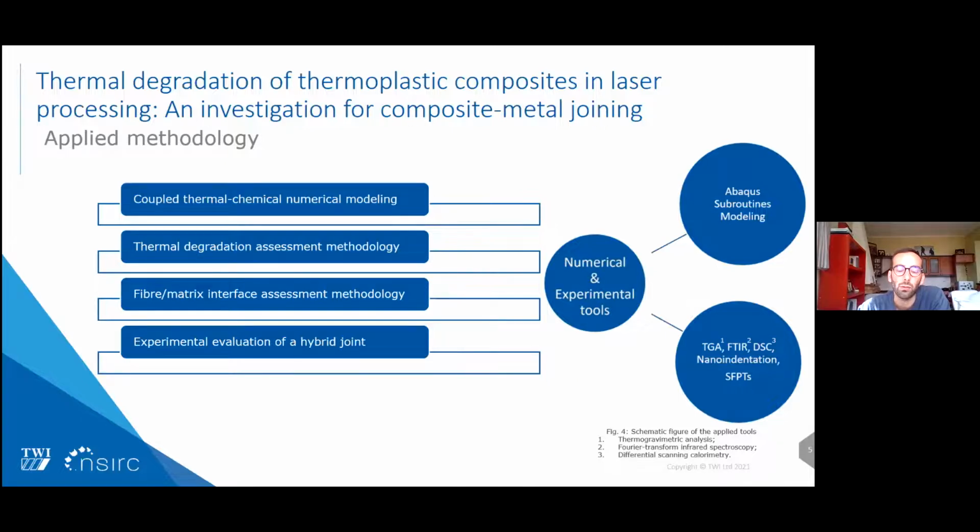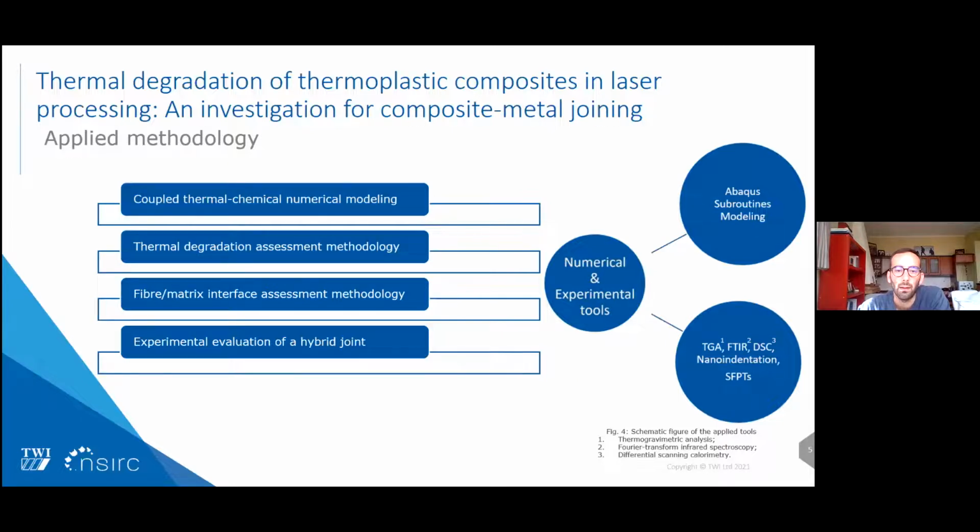DSC will be used to assess the crystallinity of the material after the heating treatment. Crystallinity can give us a very good idea of the mechanical properties of the material after laser heating has been applied. And finally, nanoindentation will be used in order to assess the mechanical properties of the material after the laser heating.